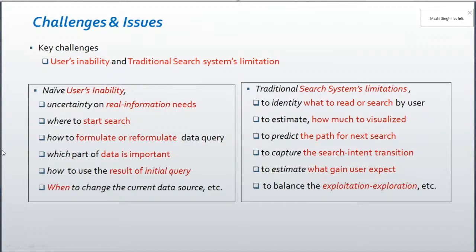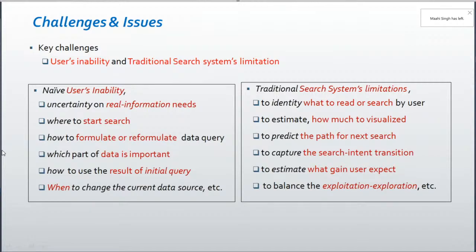Now going to the next side, which is limitations on the system side. System side means we are designing some kind of support to the search system, which may enable the user to conduct his search, right?